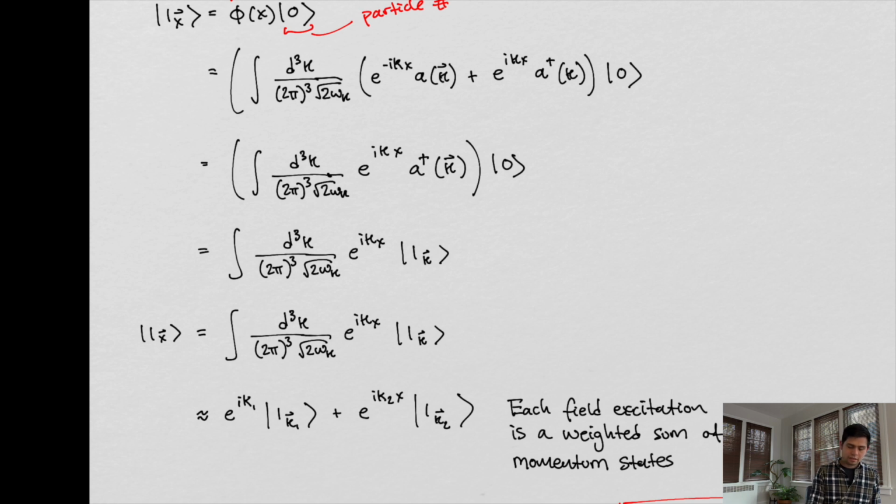We take this here, act on it here, and act with this one too. This, however, is going to go to 0, because this is an annihilation operator acting on a 0 particle state. If you annihilate 0 particles, that's just 0. So this part goes away, and what we're left with is this one right here.